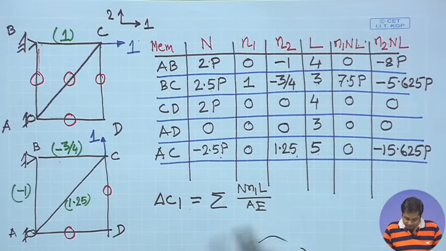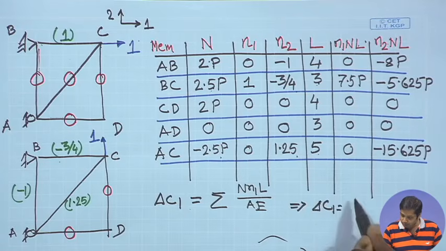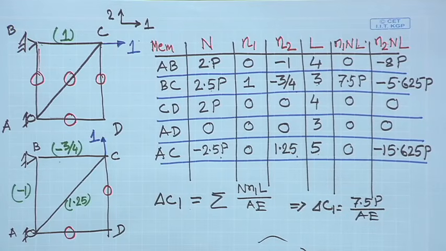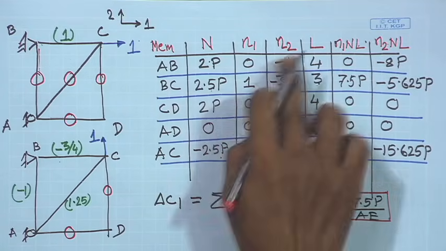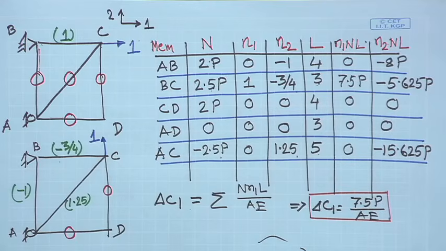So, this gives us delta C1 is equal to 7.5 P by AE. So, this is the displacement at C in direction 1.